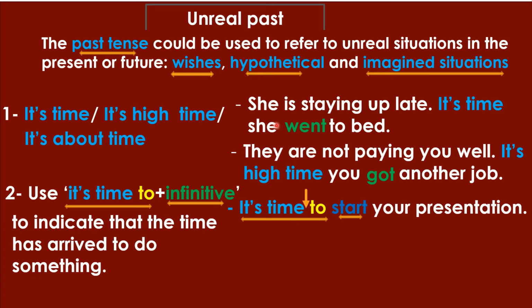Look here for example. It's time you get. So you is a subject. Okay? It's time she went. She is a subject. Here we have it's time to. We don't have a subject here.